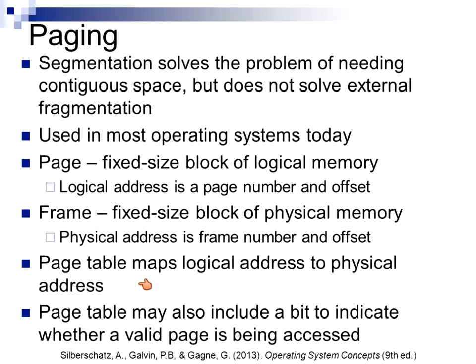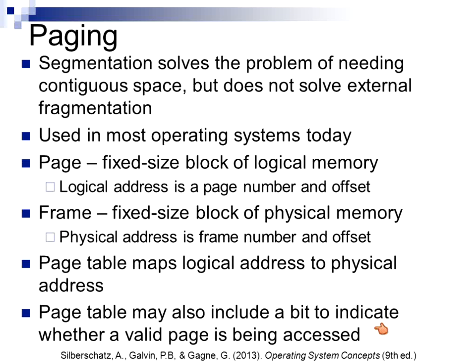Okay, so a page table is going to map the logical address in a program to a physical address. Paging also allows you to indicate whether a valid page is being accessed, because part of what the operating system has to do is make sure that different processes are only accessing pieces of memory, in this case pages, that they're allowed to access.